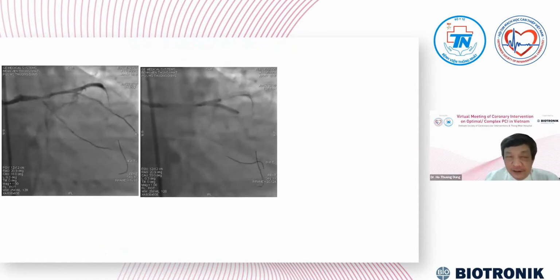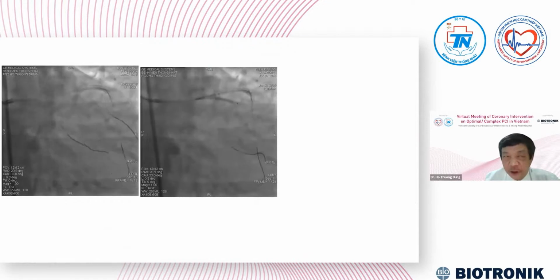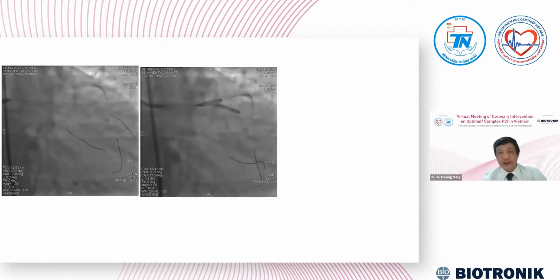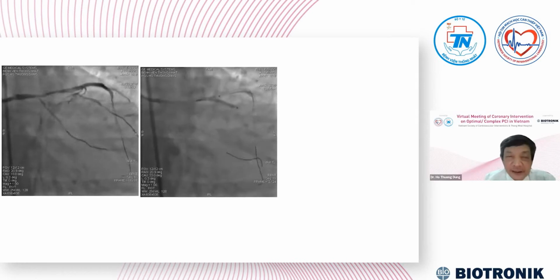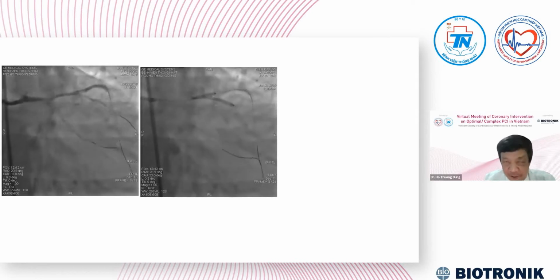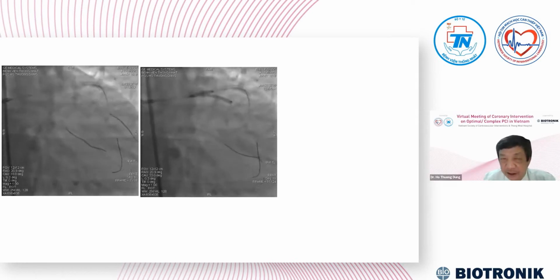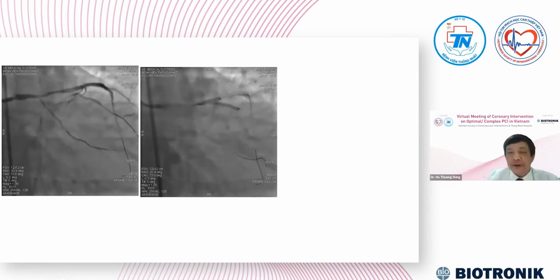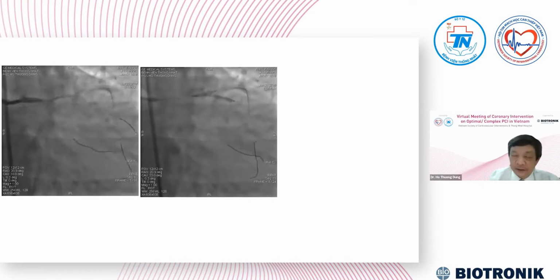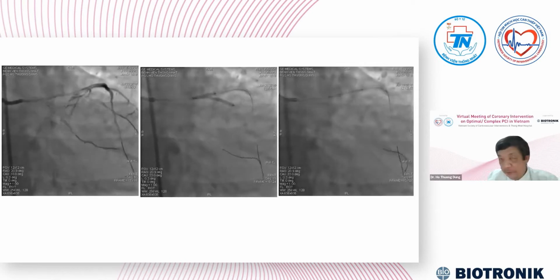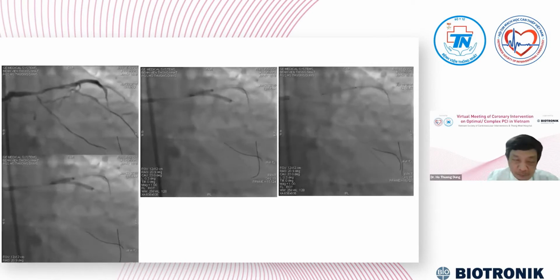The first, of course, is the distal left main bifurcation with the ostium of the LAD and circumflex. And the second, I think the diagonal might be rather big, so we tried to keep the diagonal. So we did the bifurcation technique at two positions.